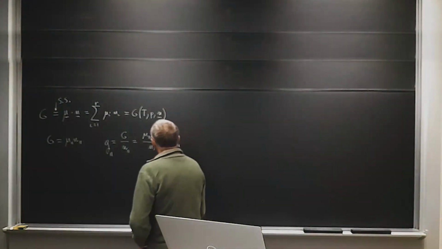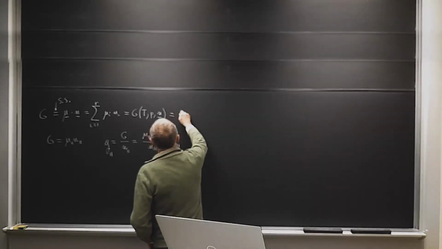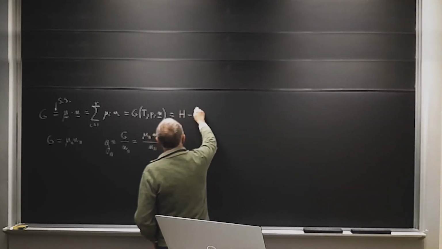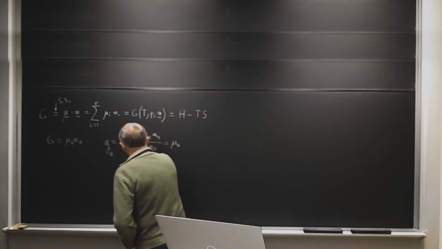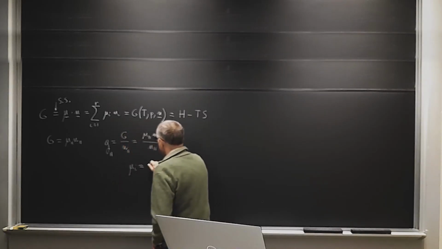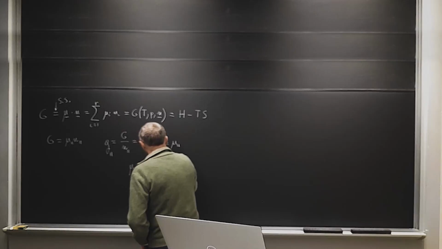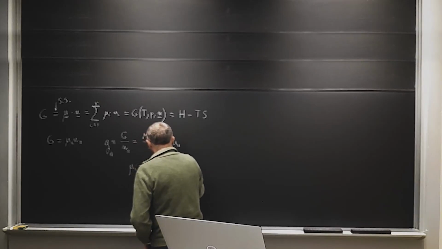And the Gibbs free energy, if you remember, is also written as H minus Ts. So what we are saying is that the chemical potential of a component in the mixture can be written as this.